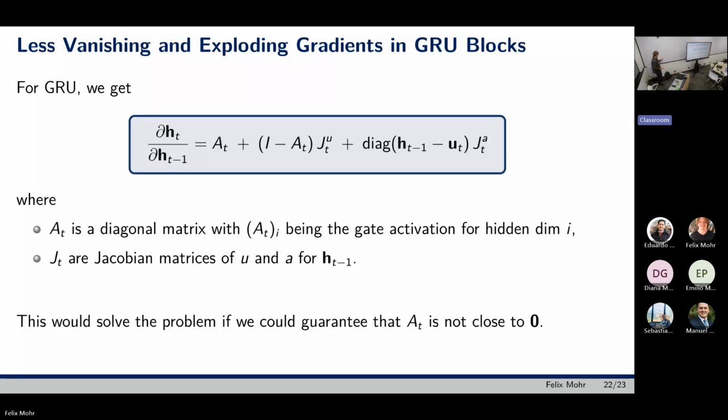Now, if one of these terms is stable, so that you can make sure it is not close to 0, no matter how often you do this, you can make sure that one term will not disappear ever. But this is because of the sum here. Here you don't have this vanishing effect.